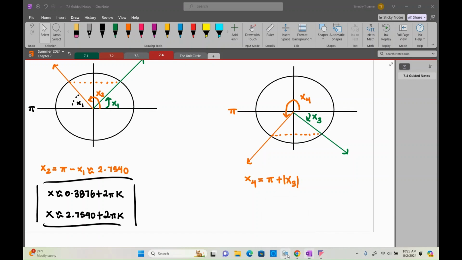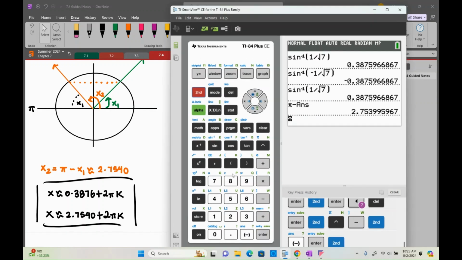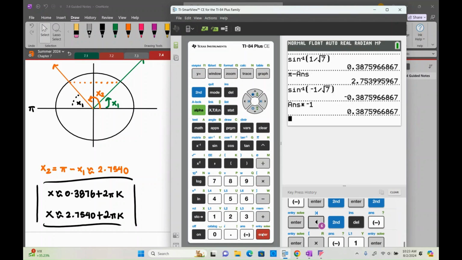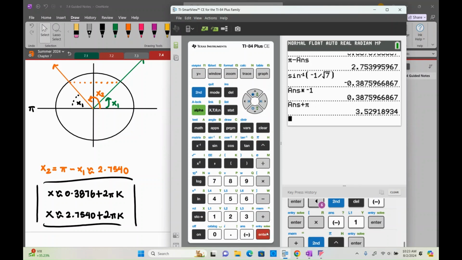Okay, so let's go get that x3. So x3 was this right here. I just need to insert the negative. I said we want to take the absolute value of that. You can just simply multiply this by -1 and it'll give you what the absolute value of that number was going to be. And then I could add pi to that like we said we were going to.